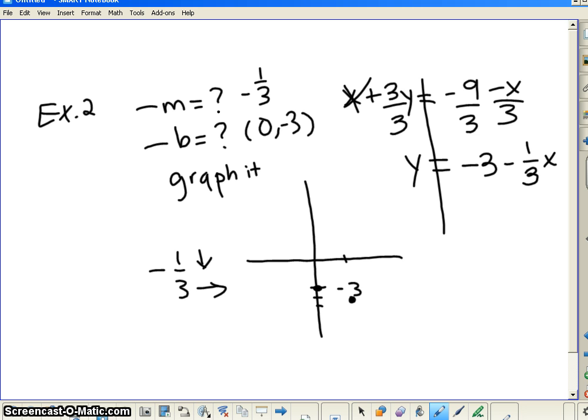Down 1, right 3. Okay, just graph a couple of points. If I was to go up 1 and to the right 3, that'd be right here.